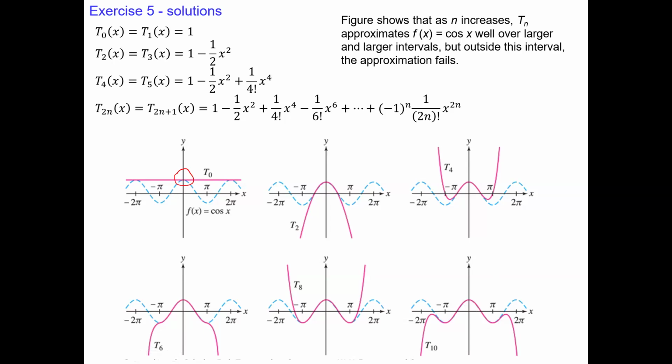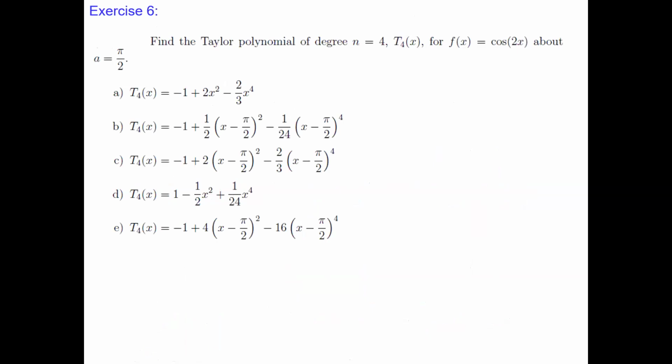Okay, it's number 5. Number 6, maybe you can try, because we have to do it from scratch. Find the 4th degree Taylor polynomial.